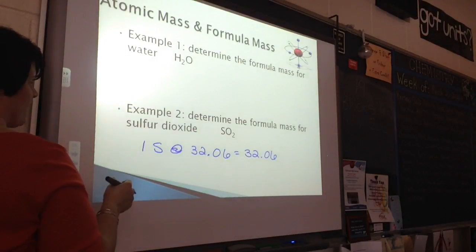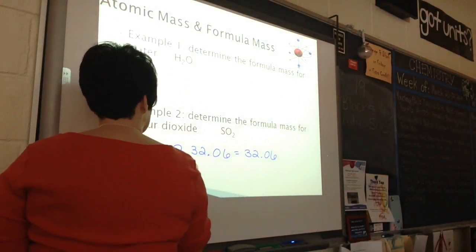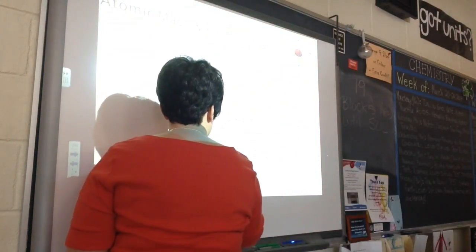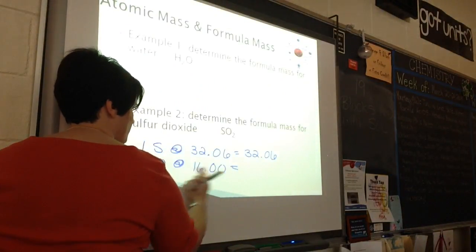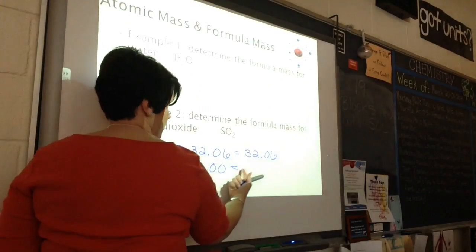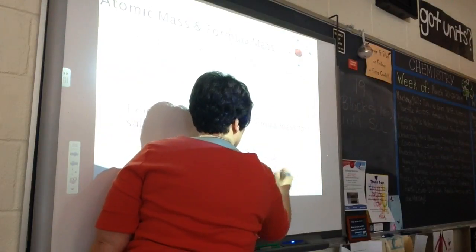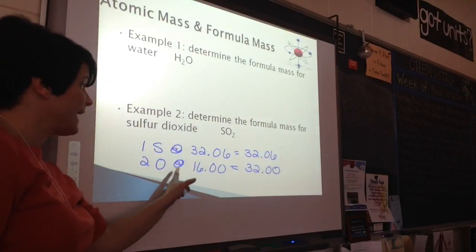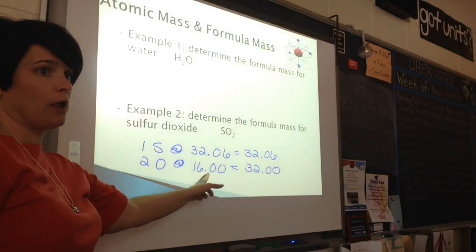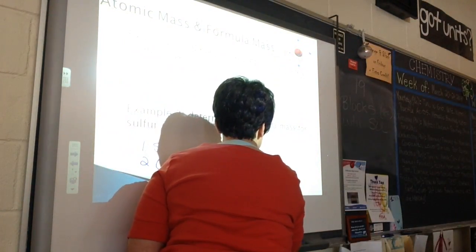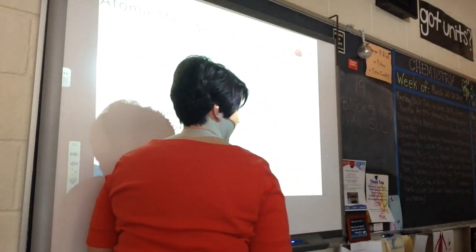Shoemake, how many oxygens are in there? 2. What is the rounded to 2 decimal places? 16.00. Good. What is this? It is multiplication, so what is this product? 2 of them at 16 each. Yes? Are you following the math? Okay. So then we're going to add, excuse me, 64.06 what?